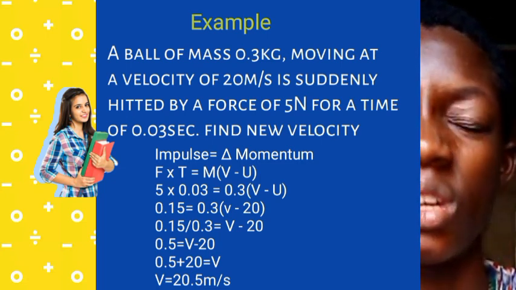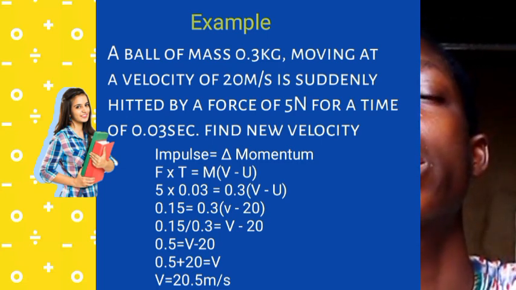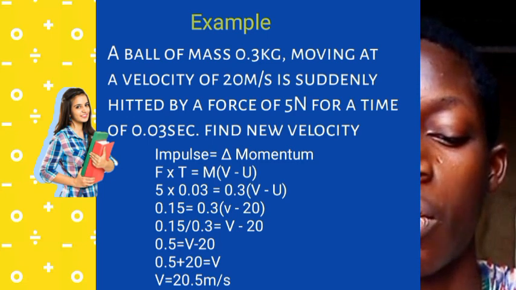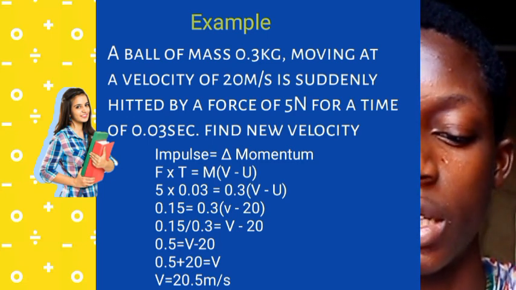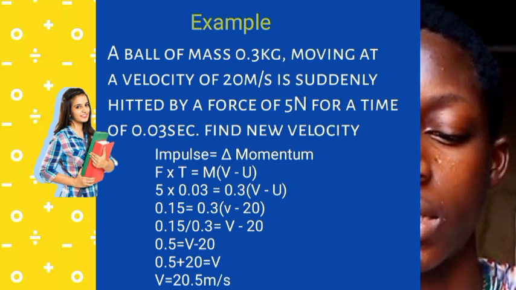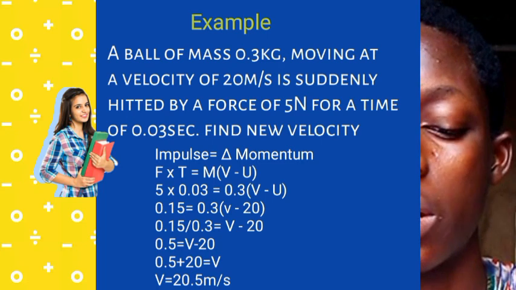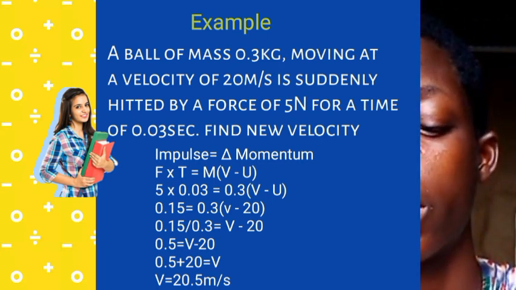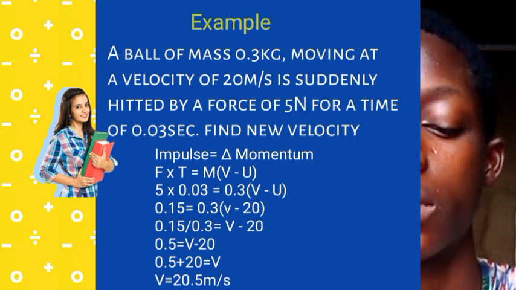Firstly, we know that the impulse equals the change in momentum. From the question, we are given the force, which is 5 Newton, the time, which is 0.03 seconds, the mass, which is 0.3 kg, and the initial velocity, which is 20 meters per second. We are asked to find the final velocity.